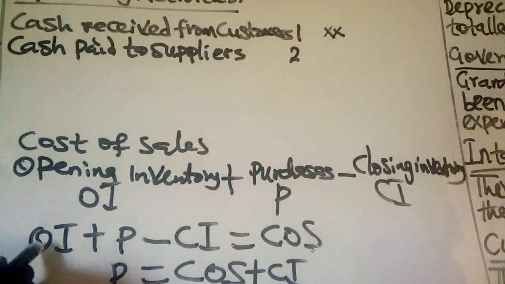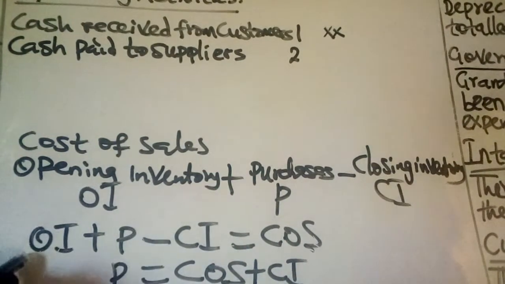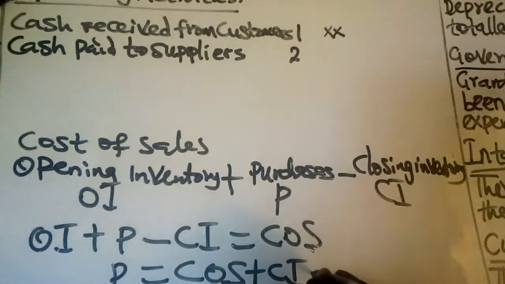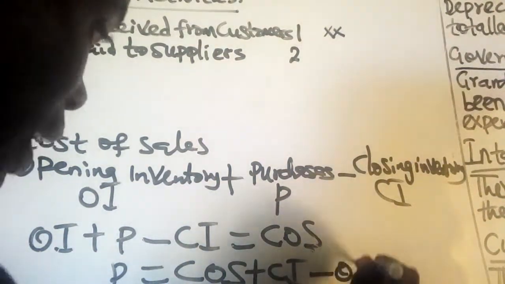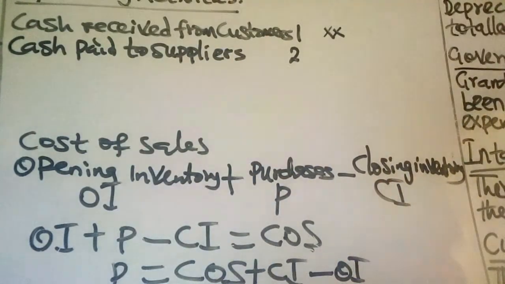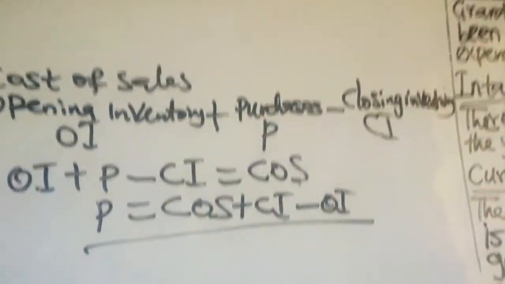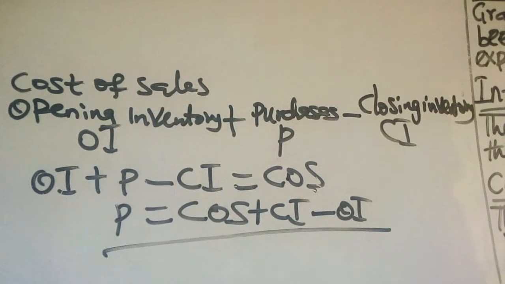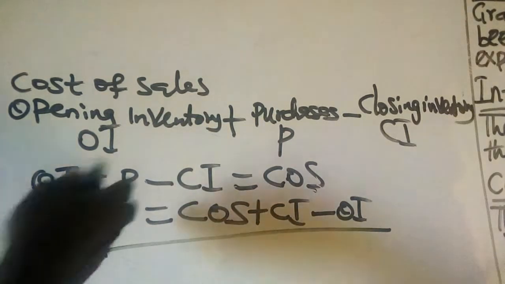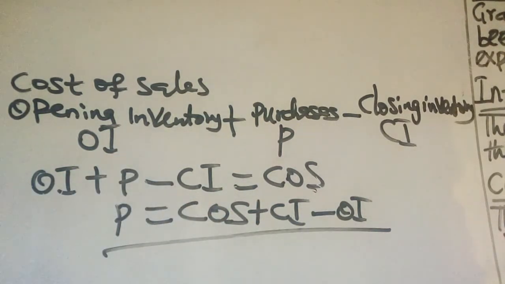Then your OI, the opening inventory, when you take it to the right hand side, it was plus before, so it becomes minus opening inventory. That means our purchase equals cost of sales plus closing inventory minus opening inventory. So you have arrived at your purchases figure through this model. Please take note of this.